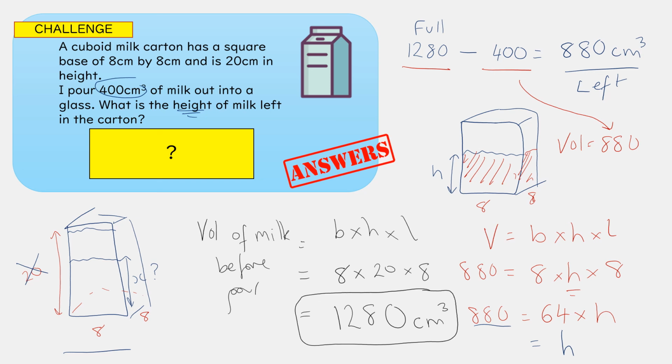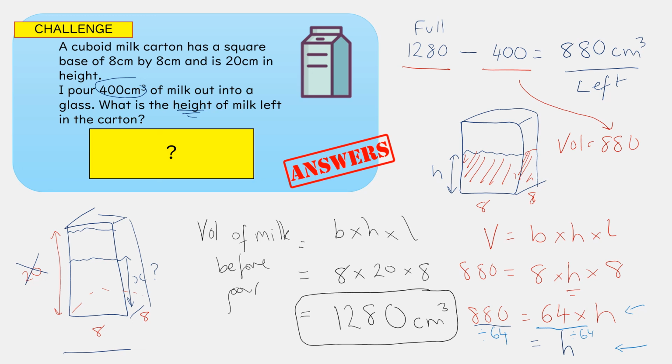Again, we're looking at algebra. How does that line here differ from that line there? Well, this one means 64 times, and this here is just h on its own. So I need to get rid of 64 times. So we do the opposite, divide by 64, and I do that on both sides.